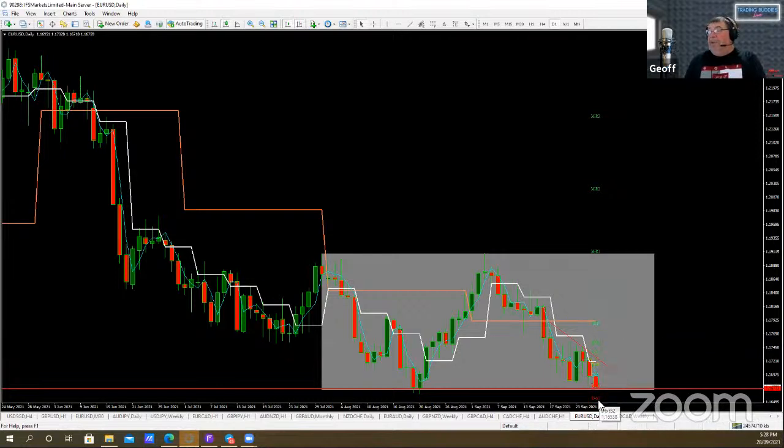But if we do get a break below there, I'll certainly be waiting to see it come back into the range, give me a higher low, and then I'll look to trade it long. Because you've got to understand that euro dollar is classically a ranging pair once it gets into that range. And as I always said, with euro dollar, the trend is a roadmap to the next range.